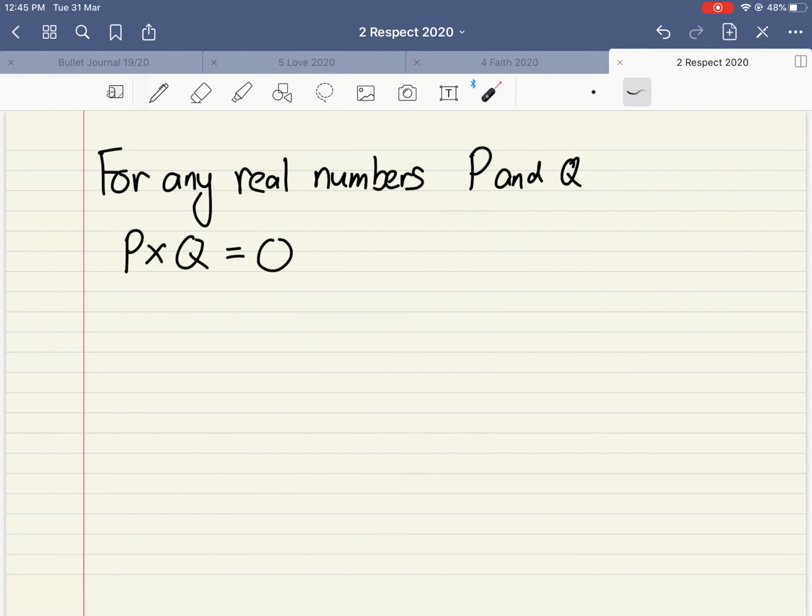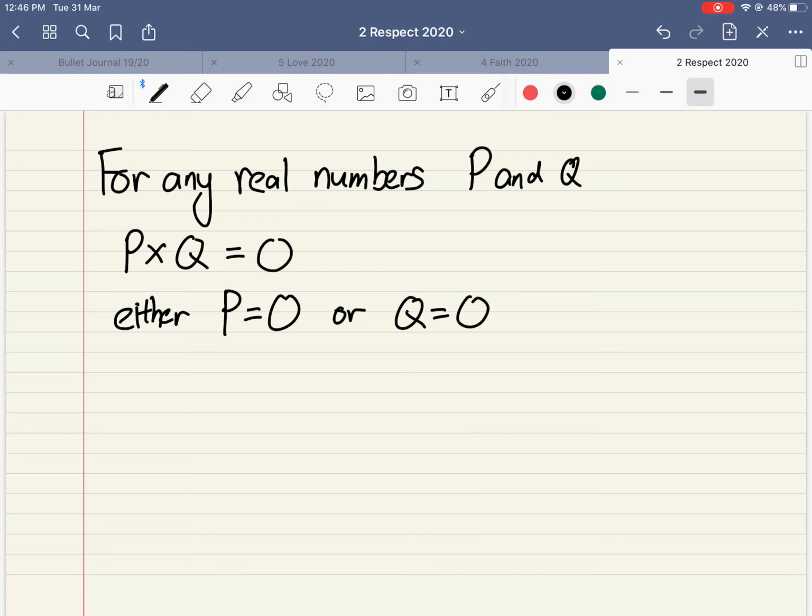First and foremost, let us think about this problem here. For any real numbers p and q, if I present you with a situation where p times q equals 0, what could the possible values of p and q be? We know that any number multiplied by 0 will give you 0. So we can say that either p has a value of 0 or q is equal to 0, because 0 times anything will give you 0.